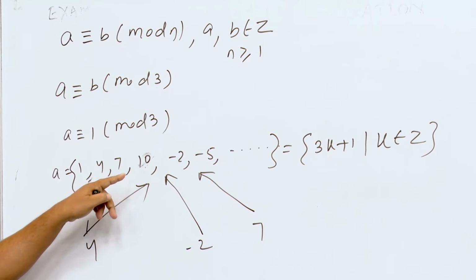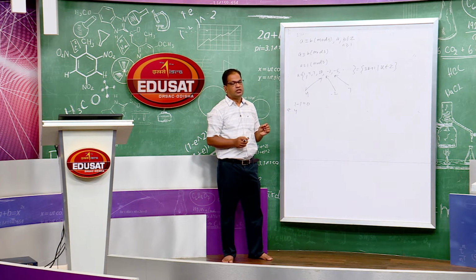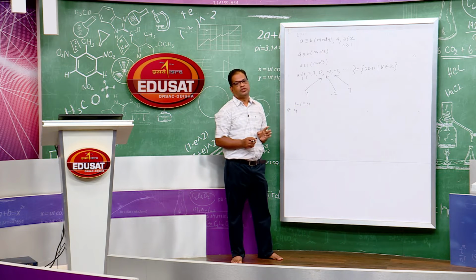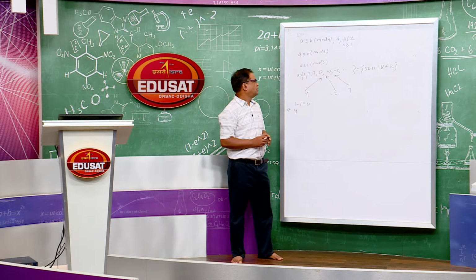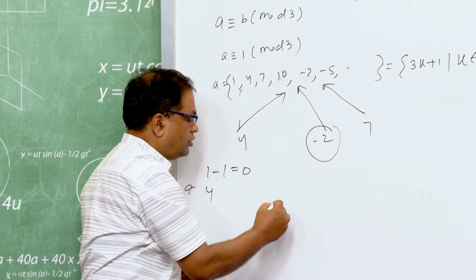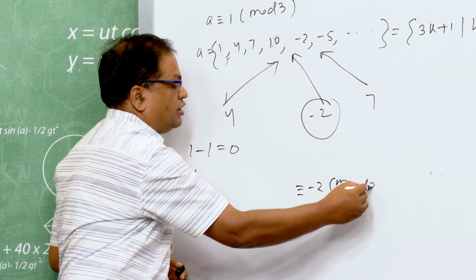Actually, you see, between any two such integers the difference is always a multiple of 3. If it is mod 4, the difference will be a multiple of 4. If it is mod 5, the difference will be a multiple of 5. Now, suppose you want to find the set of integers which are congruent to minus 2 mod 3.